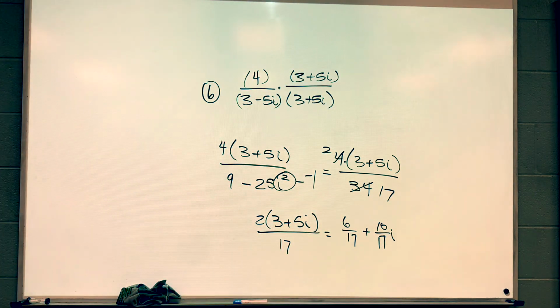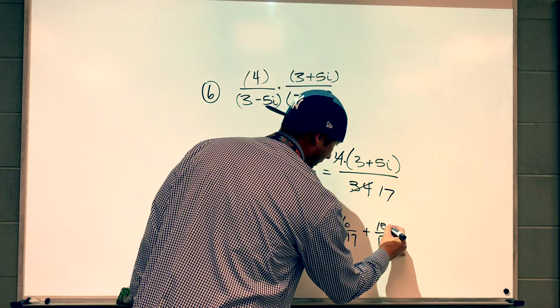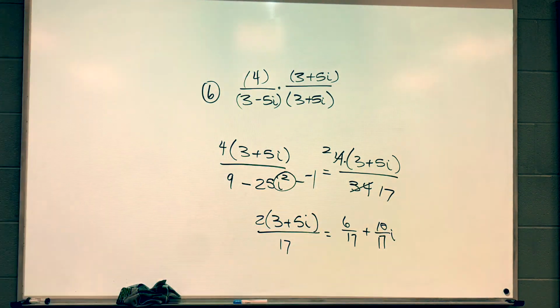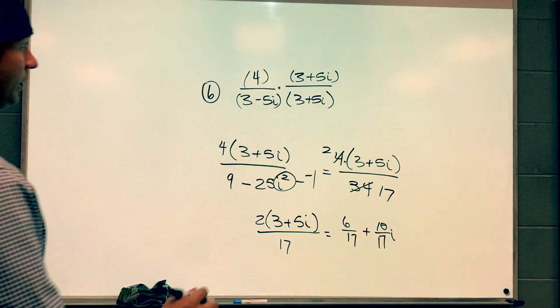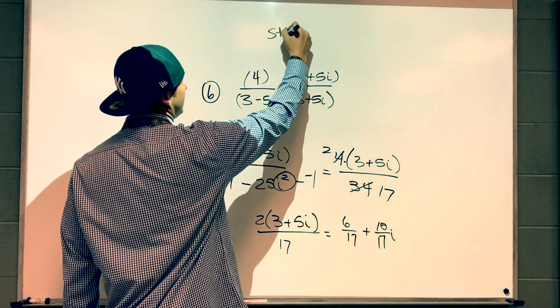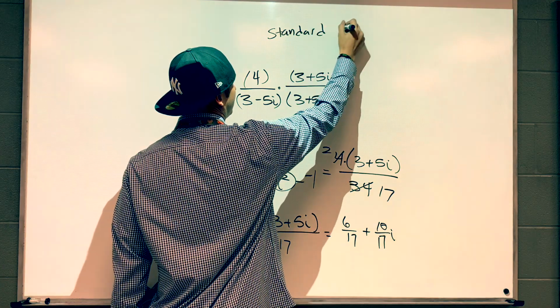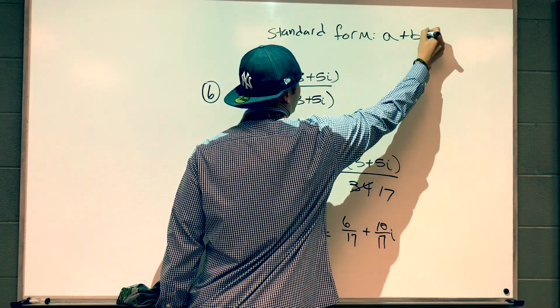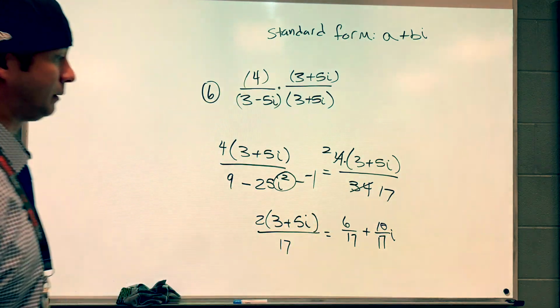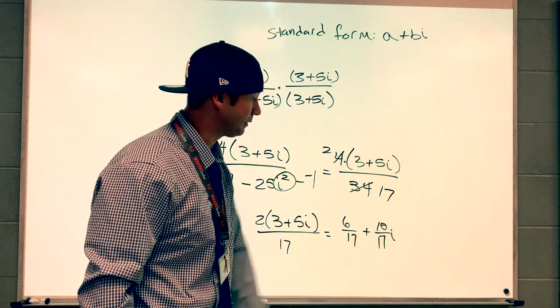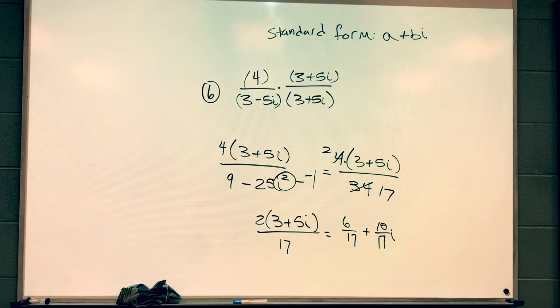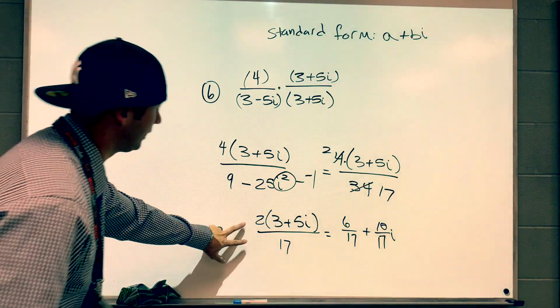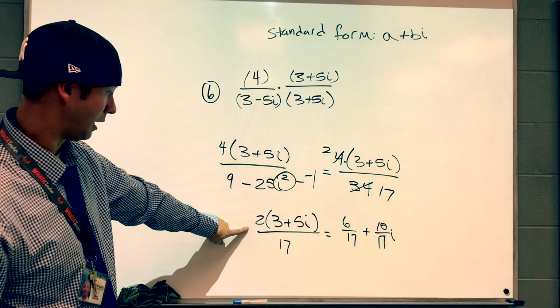To be technical, this would be the proper way for standard form. Standard form of a complex number is a plus bi. Technically that's right, but if you can get here, I'm happy with this.